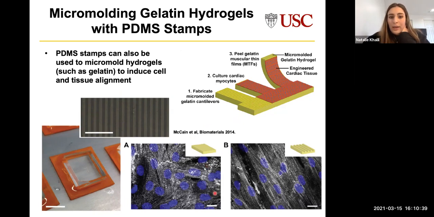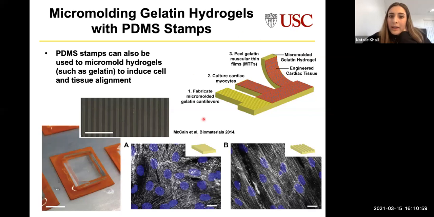So in A here, we have the gelatin hydrogel without those micromolded topography. That's in A, and you can see that the cells are not aligned with one another. Whereas in B, when cells are cultured on the micromolded surface, they do align with one another.